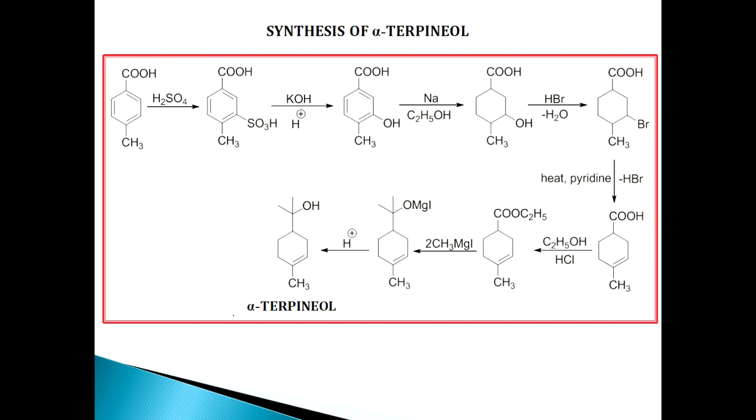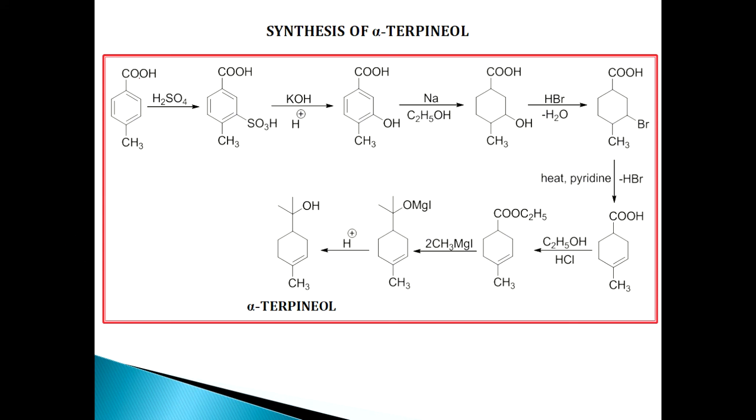Let us move on to the next slide, the synthesis of alpha terpineol. The best starting material for the synthesis of terpineol is para-toluic acid.